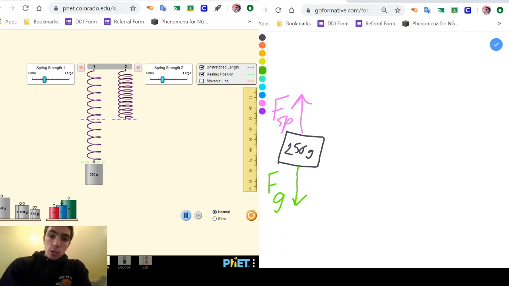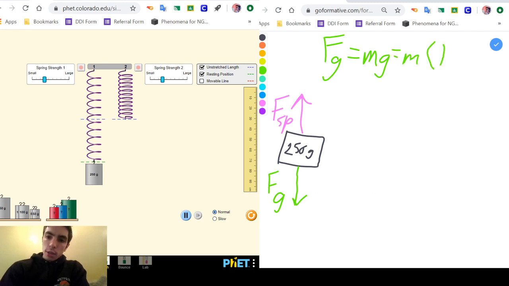Now, we do know from earlier in the year that our force of gravity can be calculated as mg, or mass times gravity, and assuming that we are on Earth, that g will approximate as 9.8 meters per second squared. That's the acceleration due to gravity that you all experimentally determined back in November as well.